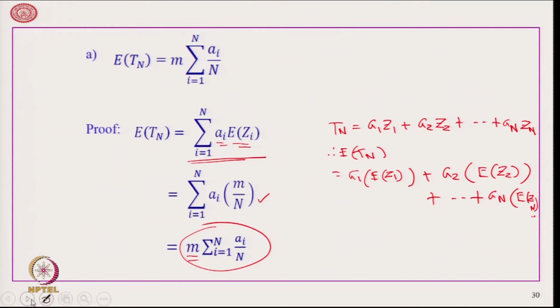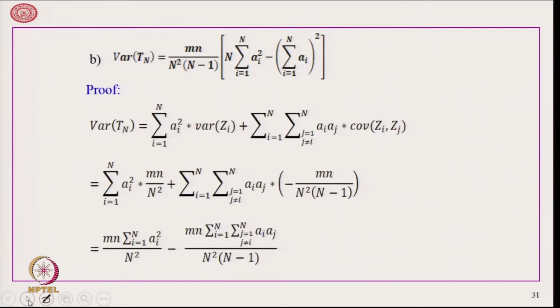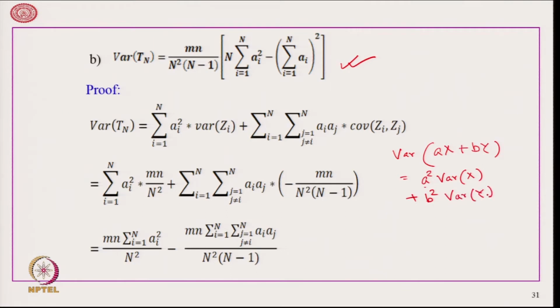It is a very straightforward thing, but what about the variance? How do we show that the variance of T_n is equal to this complicated quantity? So, let us start. We know that the variance of a x plus b y is equal to a square times the variance of x plus b square times the variance of y plus 2 a b times the covariance of x and y.